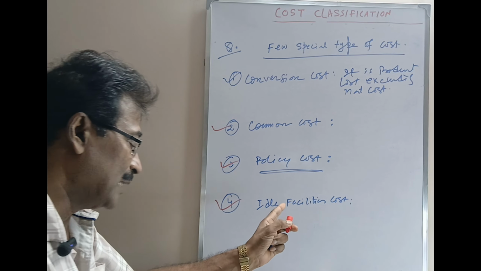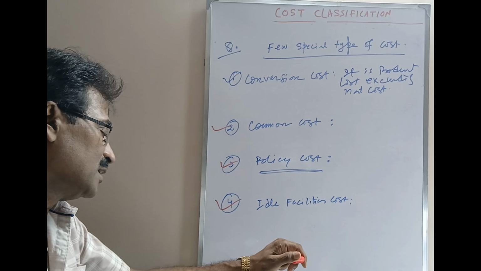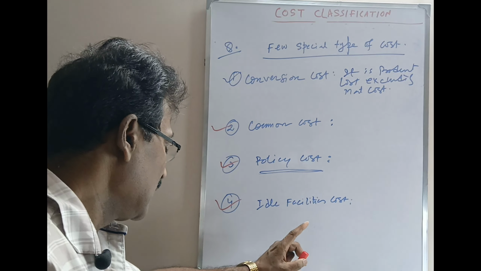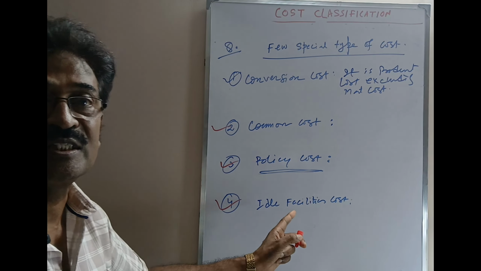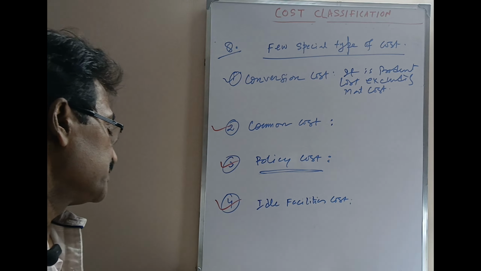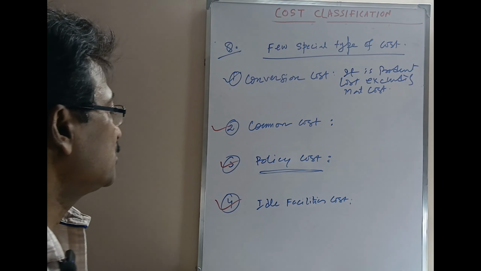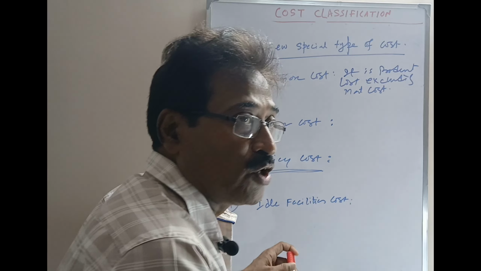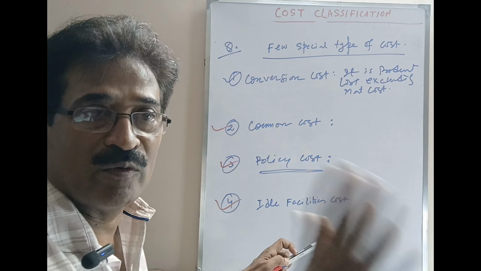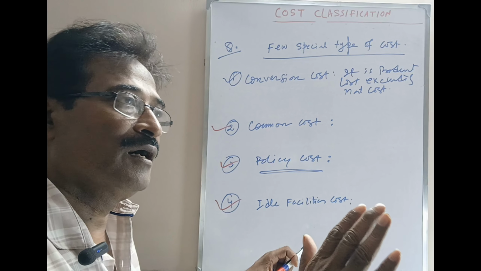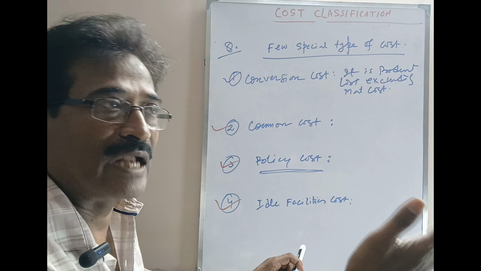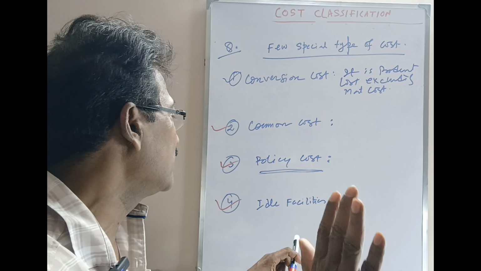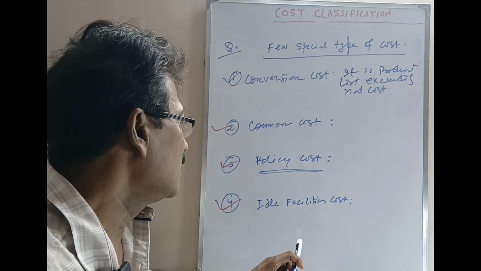Okay. Ideal facilities cost. This is the cost of abnormal idleness of fixed assets or available services. This is called ideal facilities cost. Facilities have been provided. It may be in terms of fixed asset or services, but that has been abnormally idle.